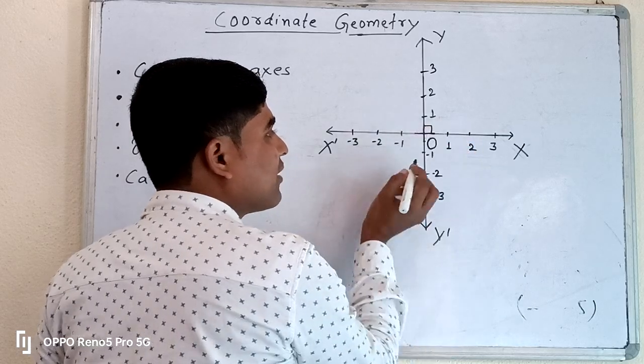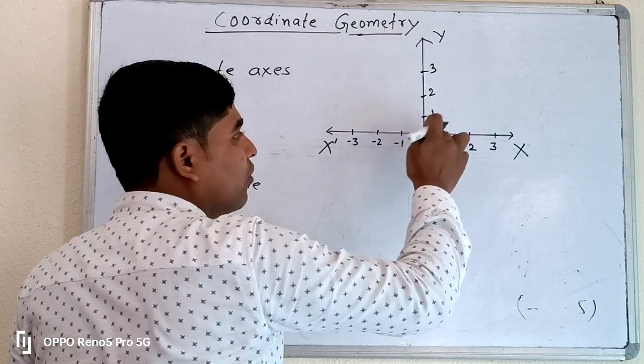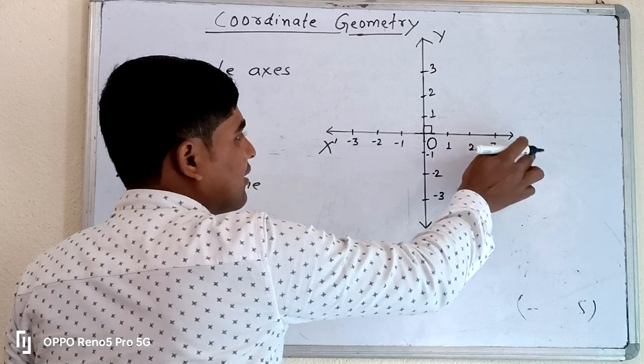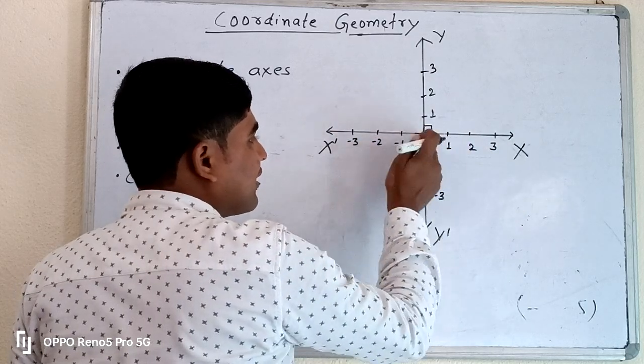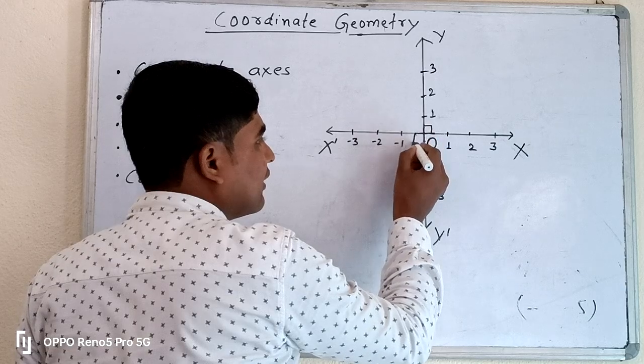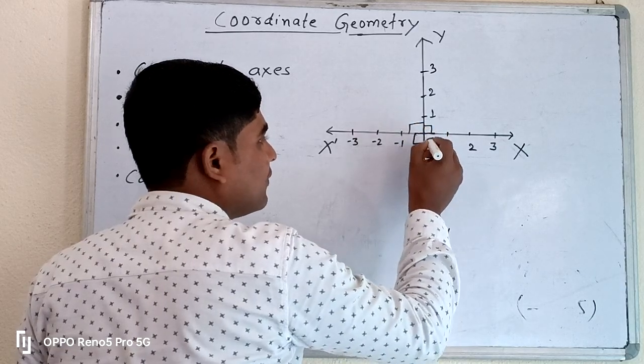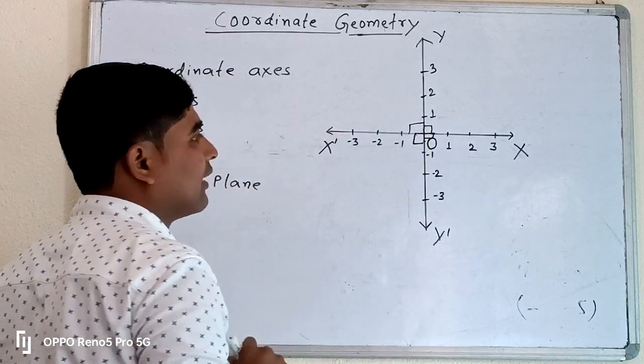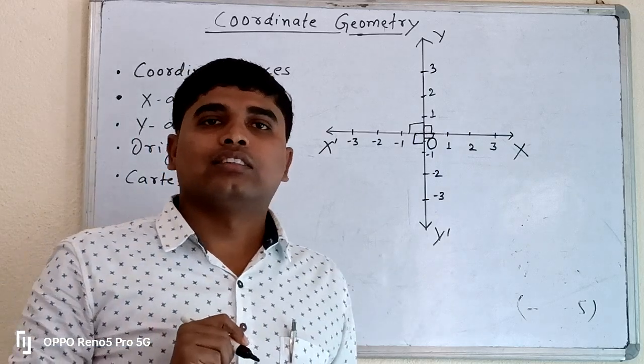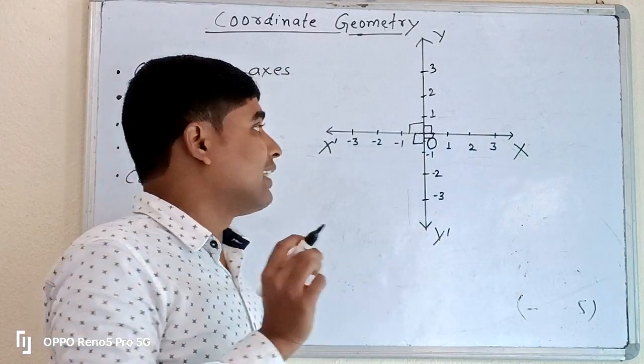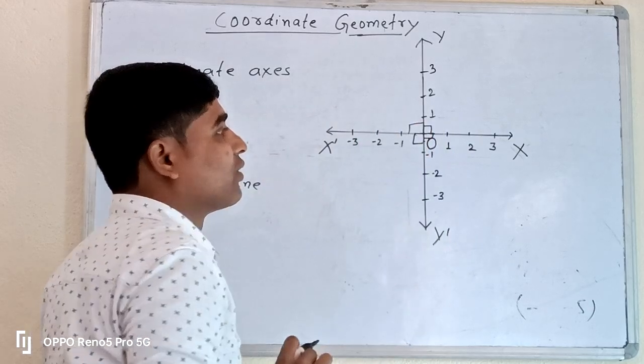Mutually perpendicular means what? Angle Y O X is 90 degrees, angle X dash O Y dash is 90 degrees, similarly all the angles are 90 degrees, and these lines are mutually perpendicular.